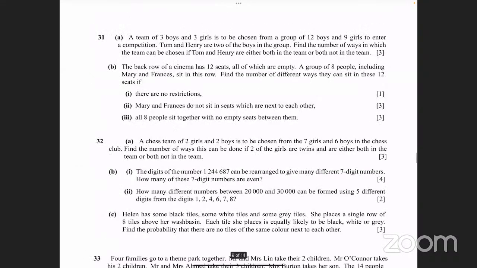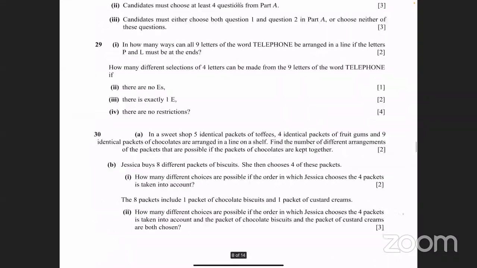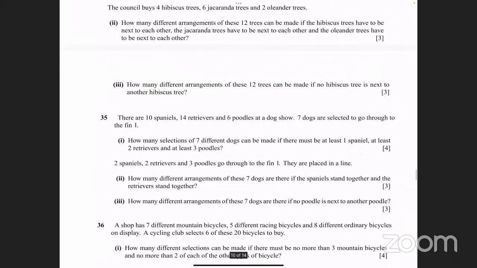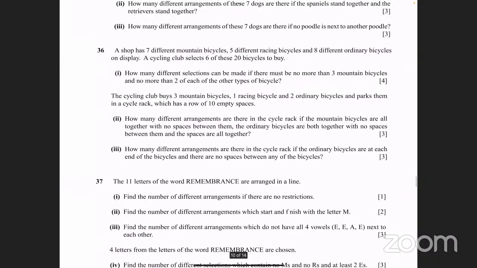All right, let's do this one, question number 36 from the worksheet. Let's try this.